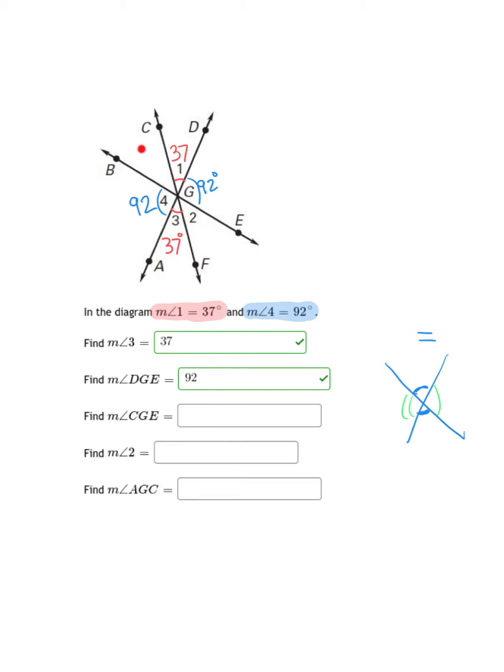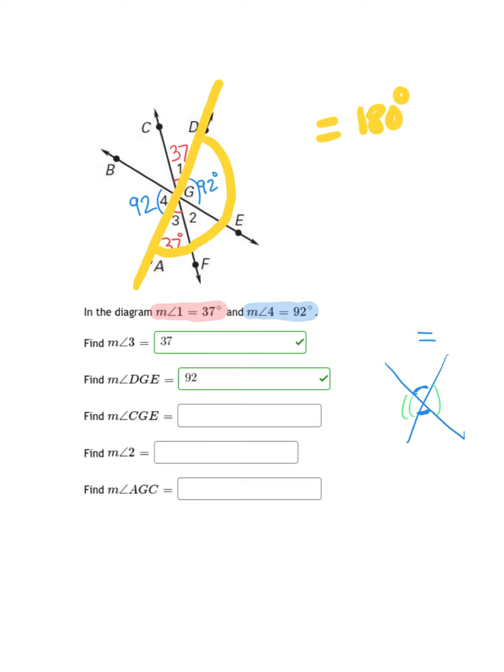We're missing two angles here and here, which we can find by using supplementary angles. All right, I'm going to trace this line with, let's do yellow. I want you to look at this line right here. These three angles, 1, 2, 3, form a straight line. So those three angles have to equal 180 degrees.